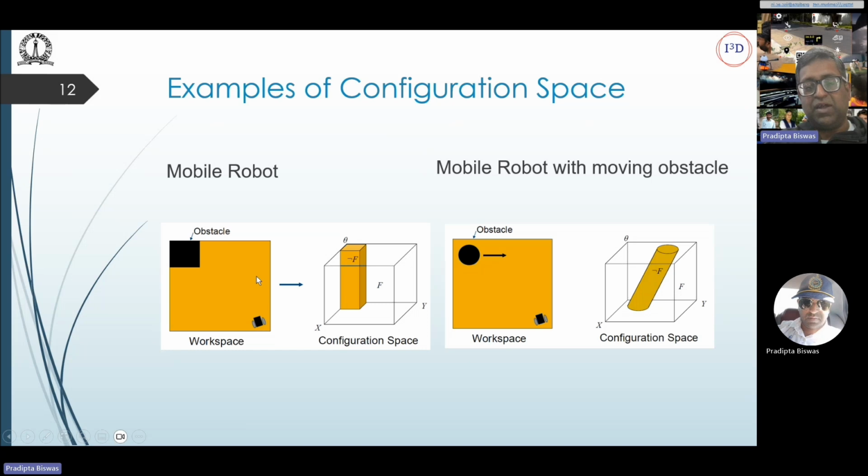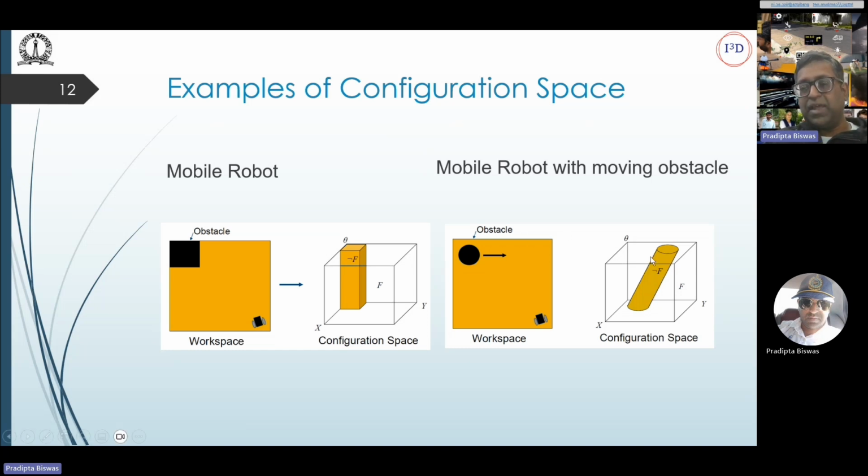The first one, you can see, is more or less similar to the workspace because it was not moving. But if I solve this moving obstacle problem in workspace, like our previous example, where my hand is also moving when I am moving the robot end effector, I have to take pictures continuously and solve this value iteration problem multiple times, because the hand is moving and the obstacle position is moving.